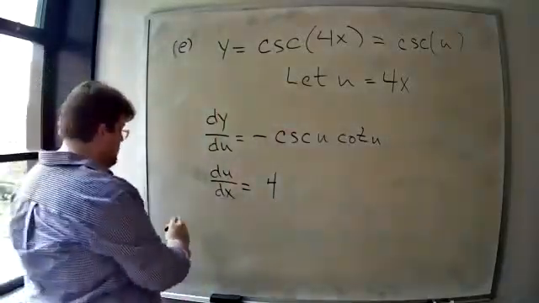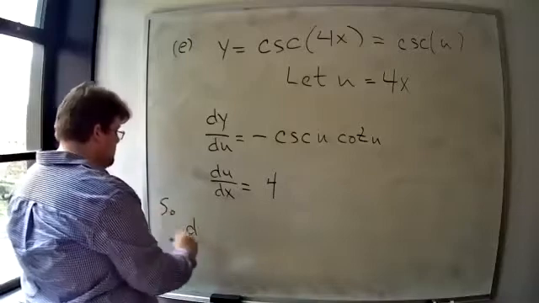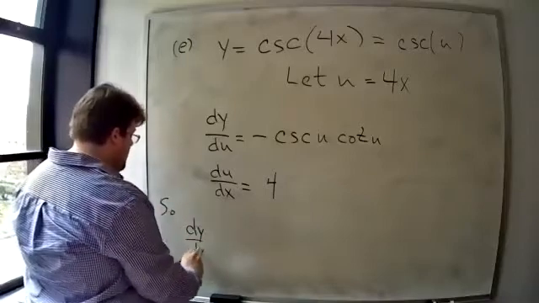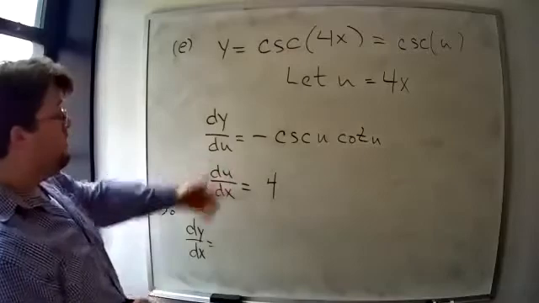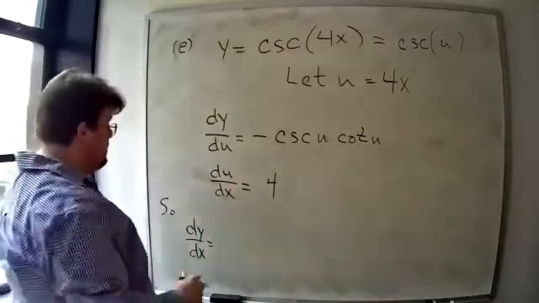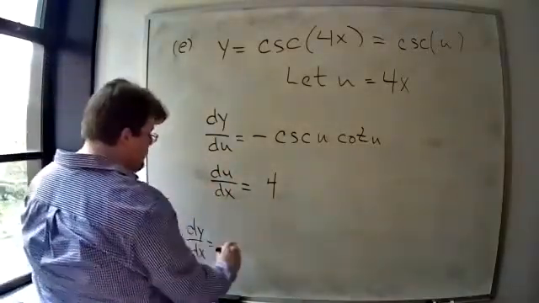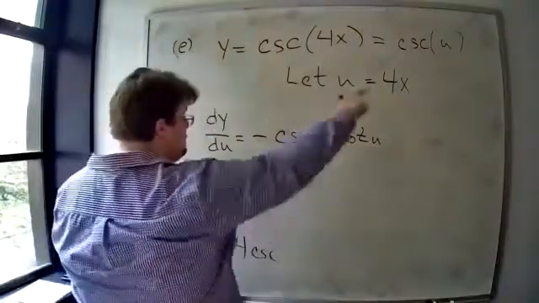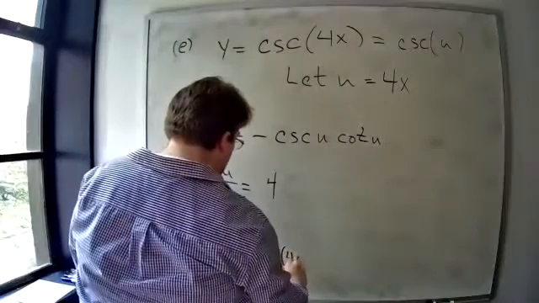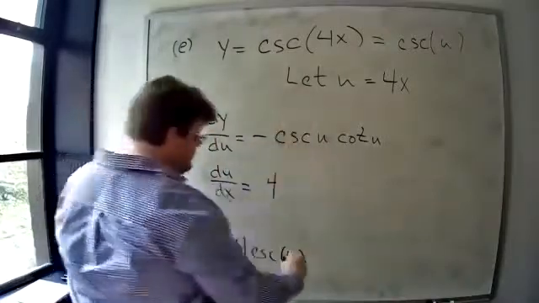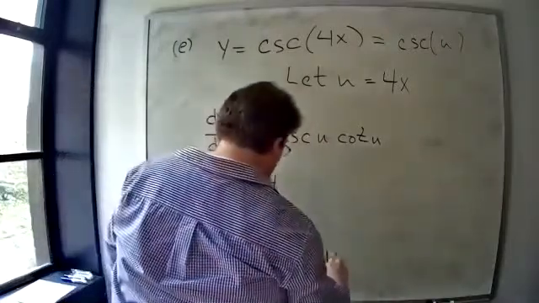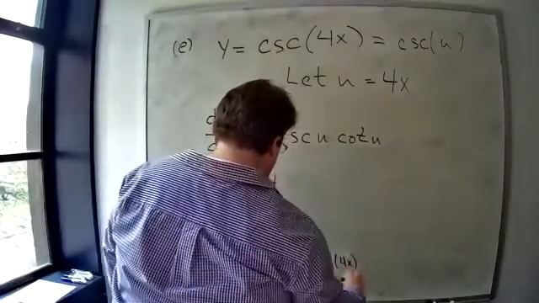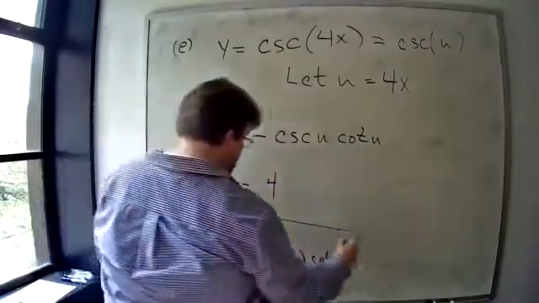And then our derivative dy/dx is the product of these two, and I'm going to put the 4 out front. So we have negative 4 cosecant of u, which is 4x, times cotangent of u, which again is 4x.